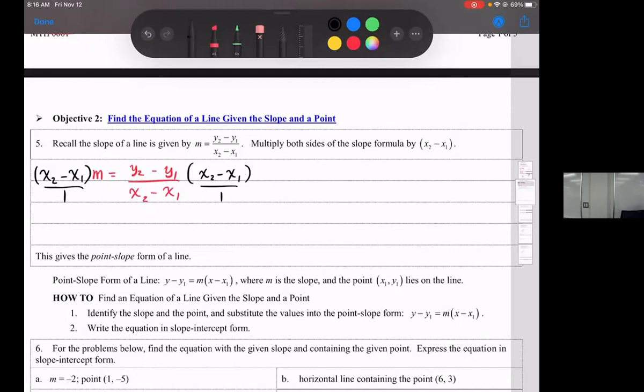Why do I do that? Yeah, I can't cancel this out, right? So this means I have x2 minus x1 times m equal y2 minus y1.